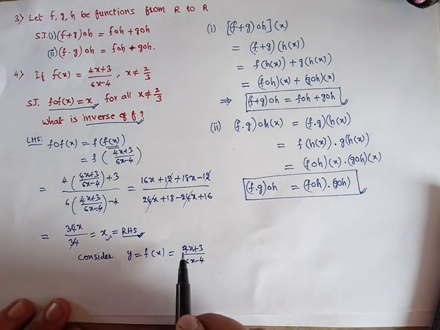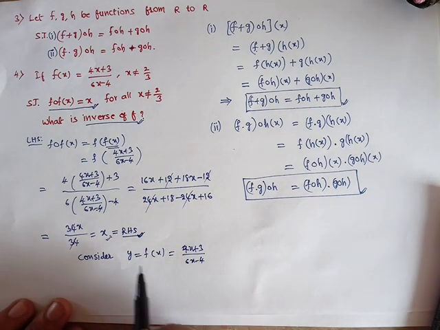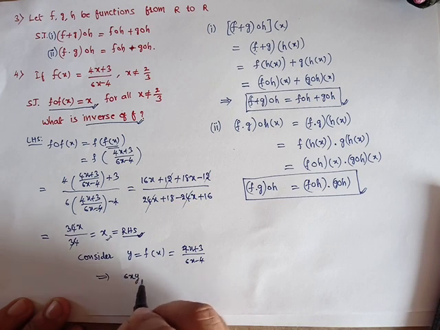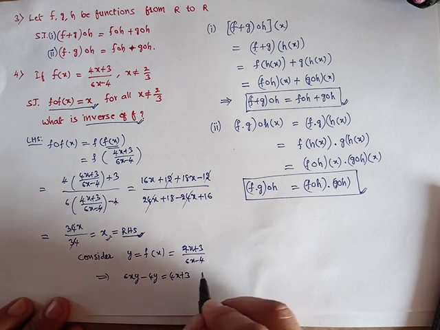Now you take y = (4x+3)/(6x-4), and cross multiplication will give you 6xy - 4y = 4x + 3.